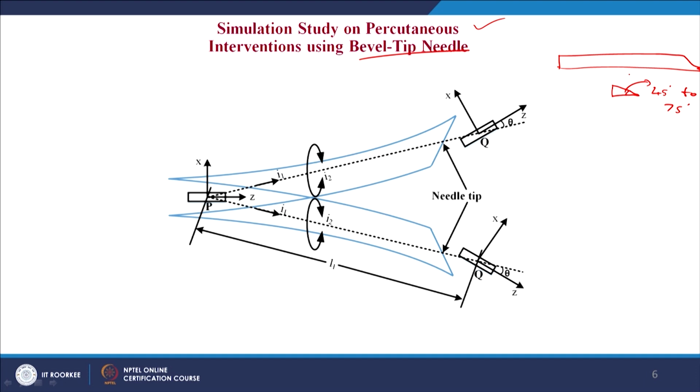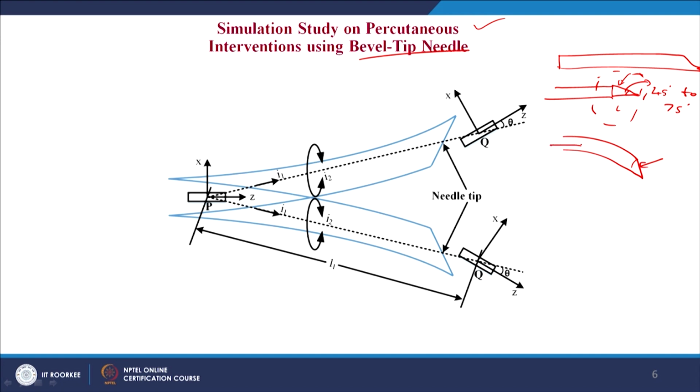Once the needle is inserted into the tissue domain, the tissue reaction force acts on the bevel surface, on the surface of the needle tip. So, the needle will undergo this type of bending because of the tissue reaction force on the bevel surface.